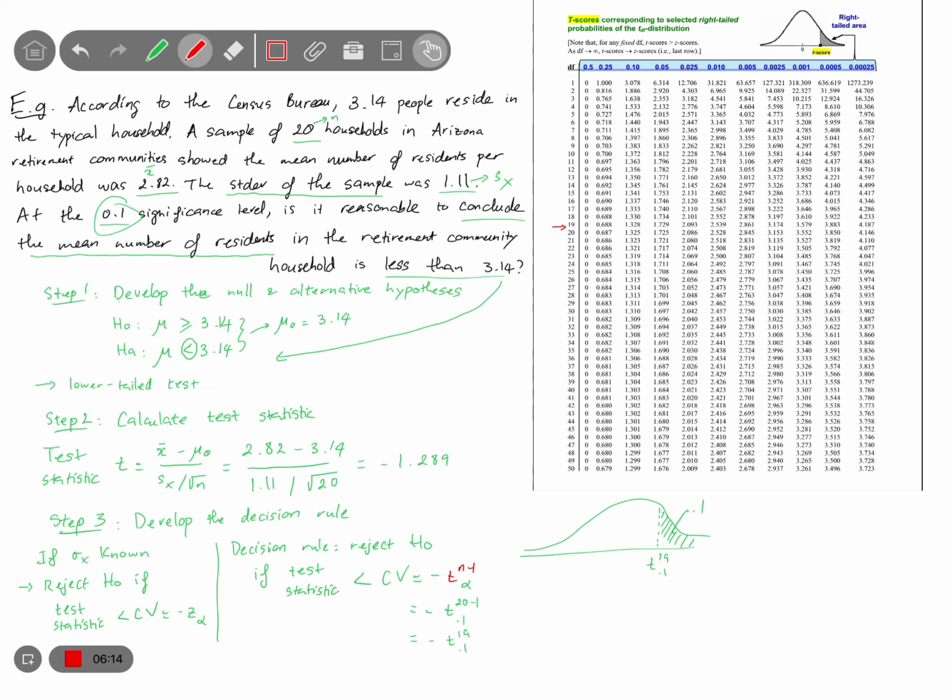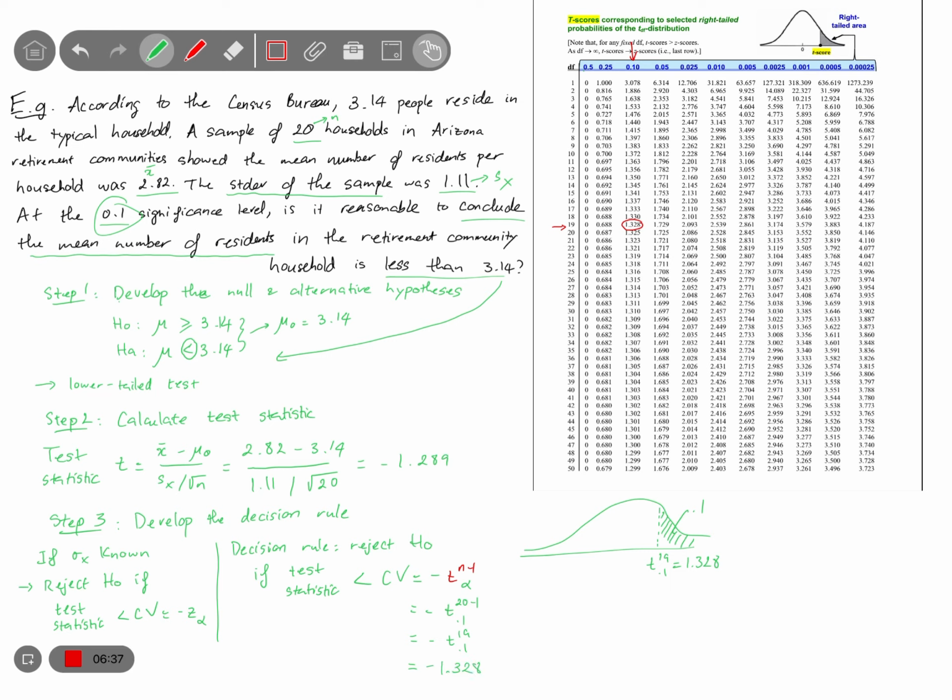Then you look under column 0.1, and that gives us a t value of 1.328. And so the critical value is going to be negative 1.328.